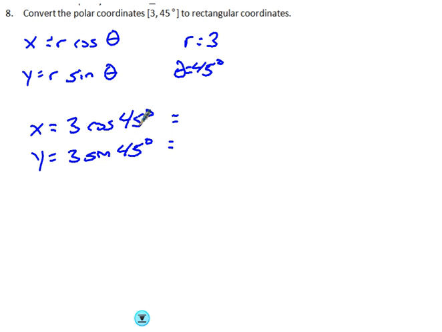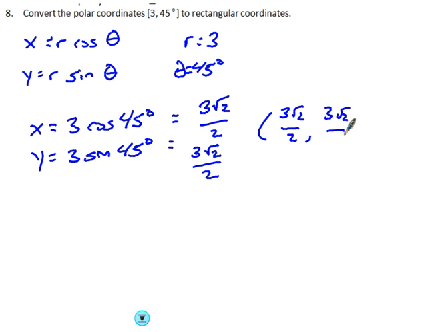The cosine of 45 is just root 2 over 2, so x is equal to 3 times the square root of 2 over 2, and the same exact thing holds true for the y value, 3 times the square root of 2 over 2. So the rectangular coordinates, you got an x, you got a y, write it as an ordered pair: (3 root 2 over 2, 3 root 2 over 2).